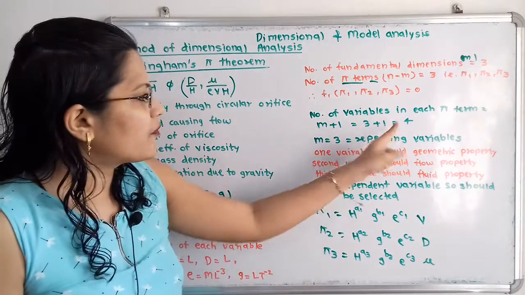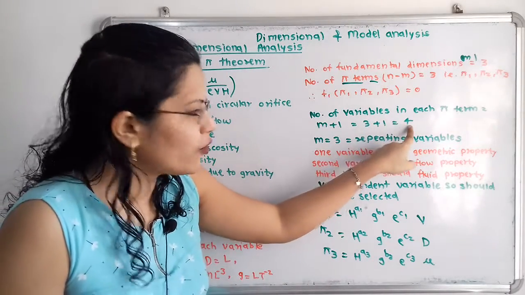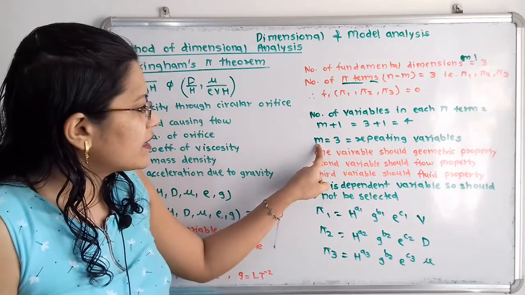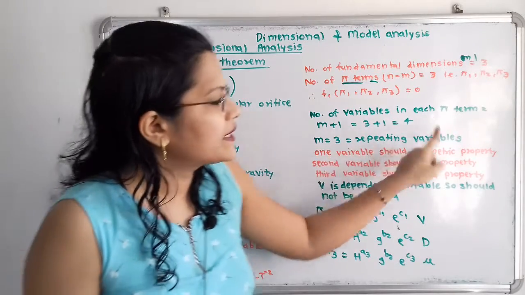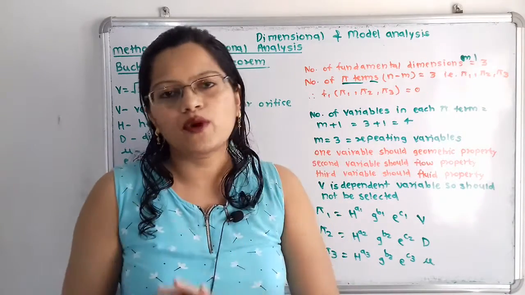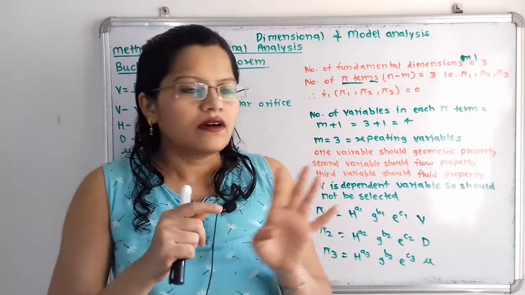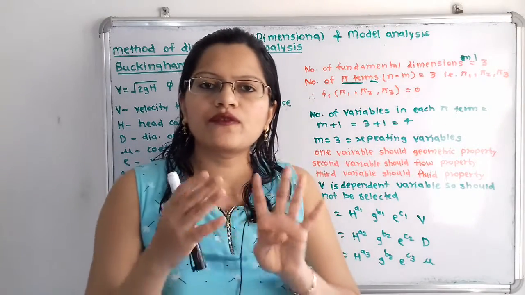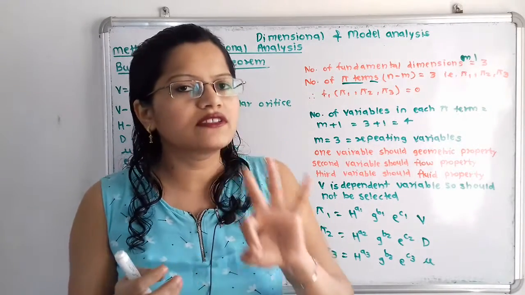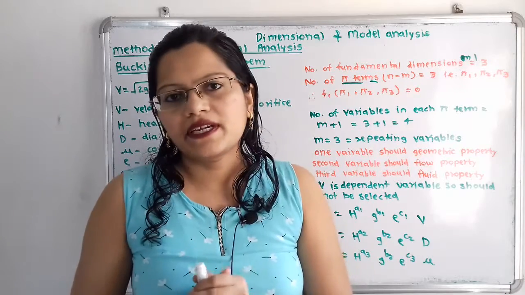Now out of these 4 variables, m is equal to 3 are the repeating variables. This is a very important term, because if pi 1 contains 4 variables, out of those 4 we have to take the first 3 as repeating variables.